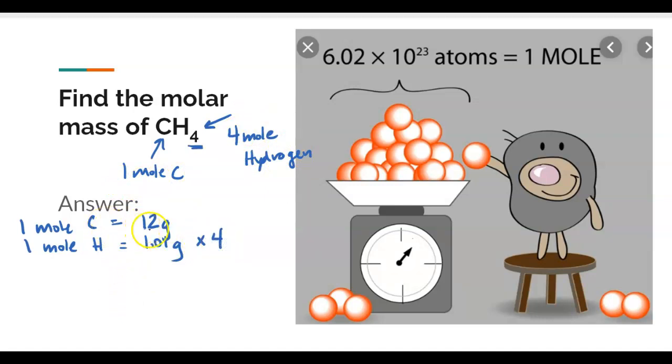Well, I know that I have 12 grams for my 1 mole of carbon, and I have 4 moles of hydrogen, each weighing 1.01 grams. And since I have 4 of them, that adds up to being 16.04 grams of CH4. So for every 1 mole of CH4 that I have, it weighs 16.04 grams. We're going to wrap it up with that.